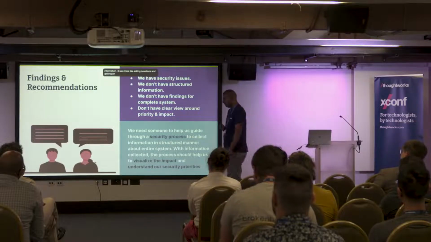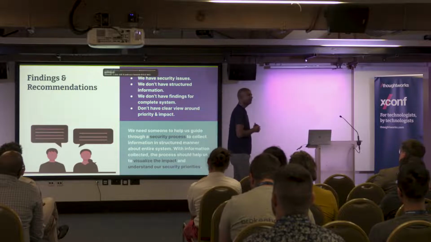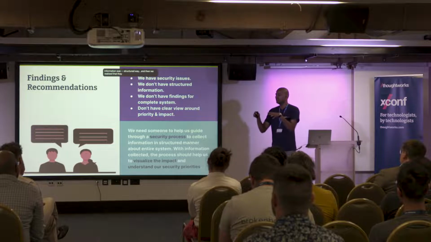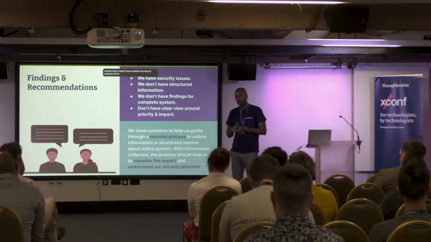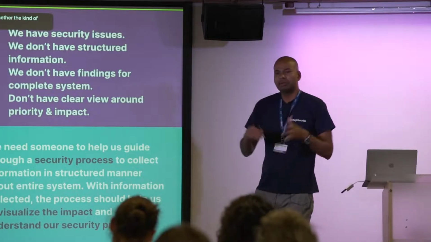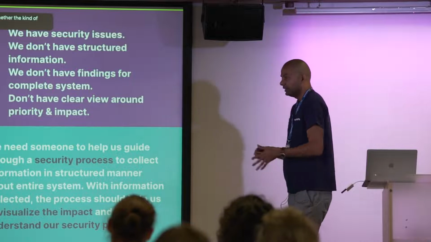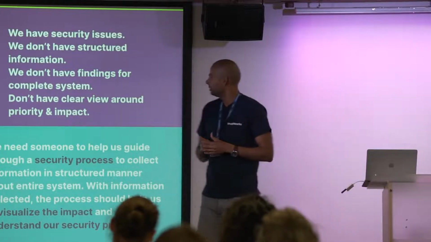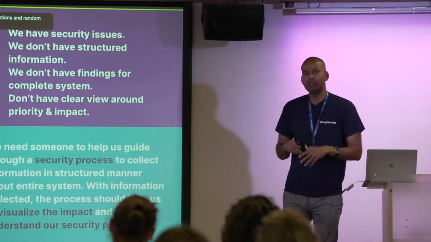Another problem they realized is that they asked some random questions and got some answers, but it wasn't clear whether the analysis or the information they had till now actually covers the entire system. Those were just random questions and random answers. And since the information wasn't structured, they were not sure how to define the priority or the impact and where to start from.